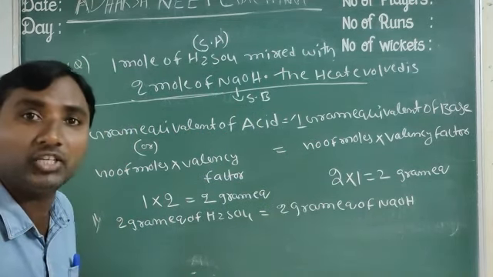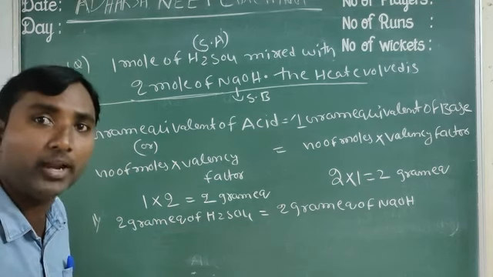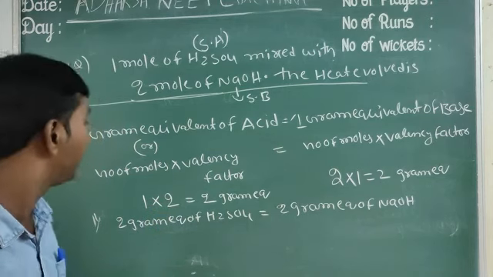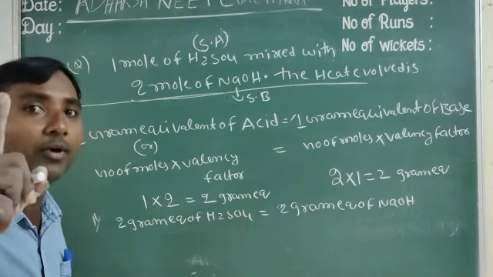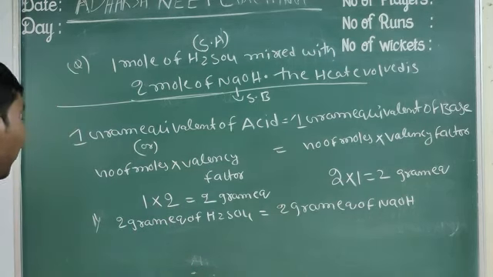How much heat energy is released? Minus 57.2 kilojoules per equivalent or minus 13.7 kilocalories per equivalent. 1 gram equivalent equals minus 57.2, so 2 means 2 into minus 57.2.